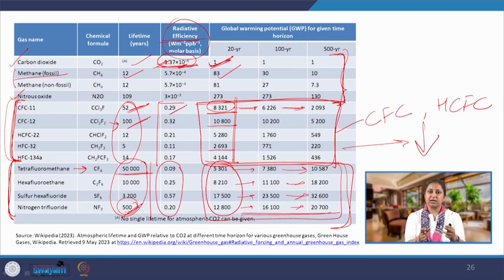If we look at the land use, they are responsible for all of the CFC and HCFC production, because that is where all the air conditioning, heating and refrigeration is going. So, what do we have to do? We have to reduce our dependence on HVAC, heating, ventilation and air conditioning, plus refrigeration, and we can do that by making buildings which are passively designed, passively heated and cooled.